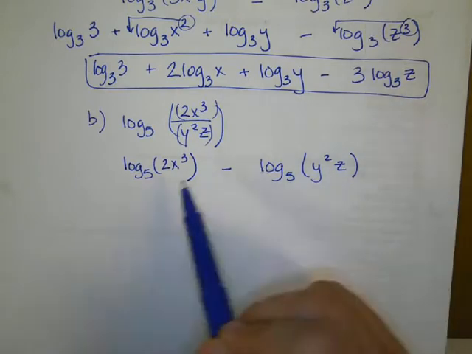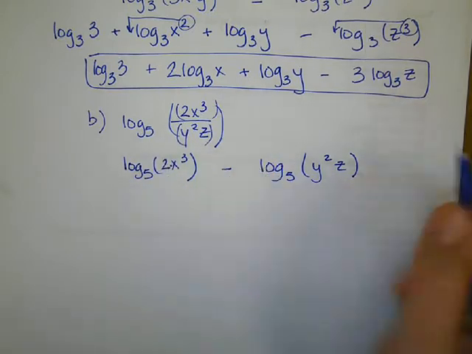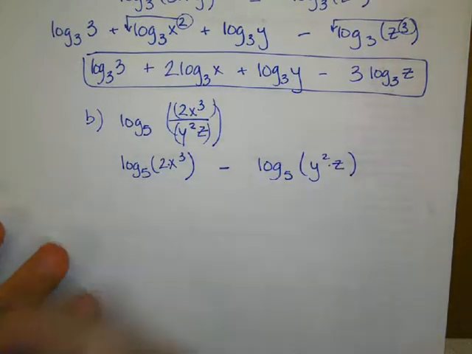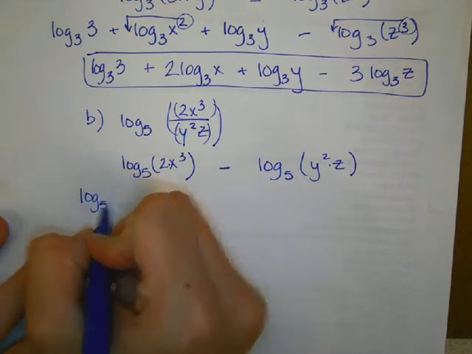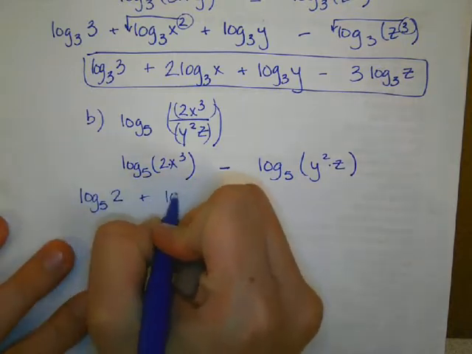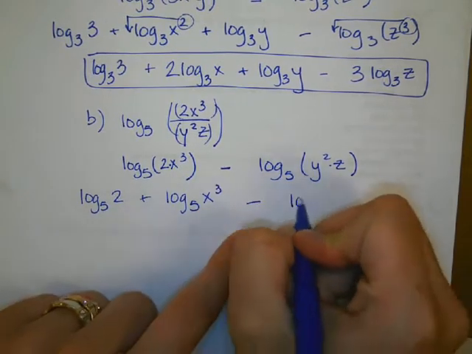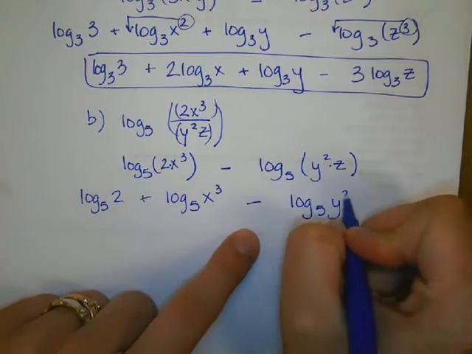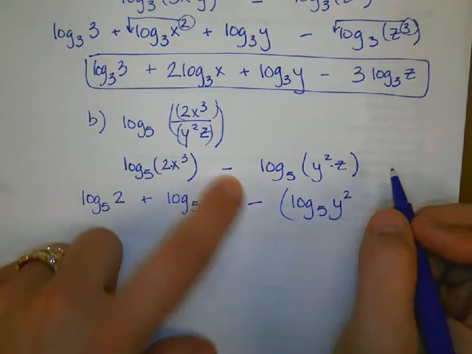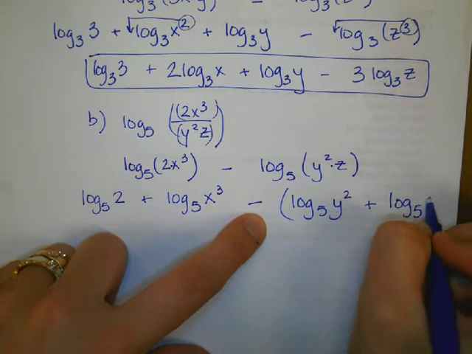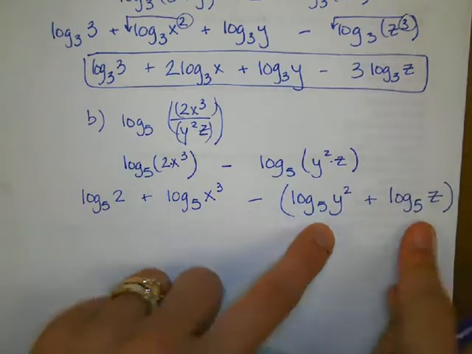Well, we have two things being multiplied here, 2 and x cubed. Two things being multiplied there, a y squared and a z. So both of those are going to break apart into two separate logarithms. Now, the second one, since there's that subtraction sign in front, you do need to make sure you group them together so that you show both these are still being subtracted.